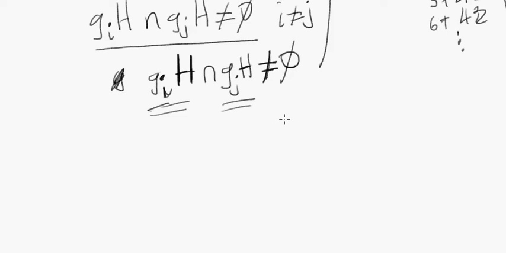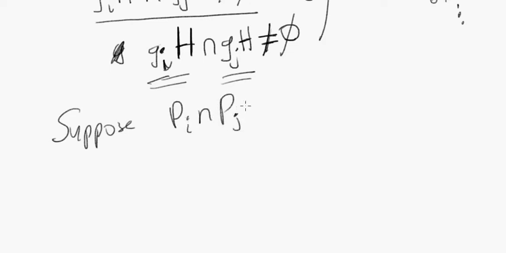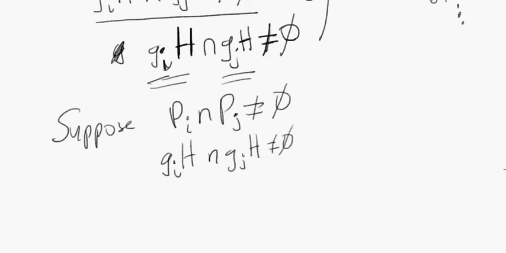So for instance, suppose indeed that Pi intersect Pj, with i and j being distinct, is actually not empty. What would that mean? Well, that would mean that, as seen above, GiH intersect GjH is also non-empty.